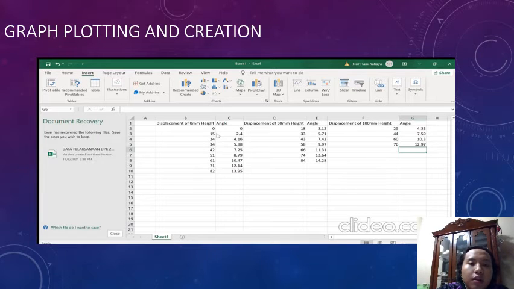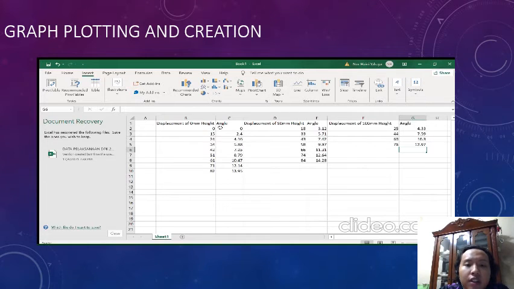Okay, before we play the video of graph plotting and creation, I'm sorry that I forgot to record how I made the table for the graph plotting and creation. I forgot to turn on the screen recording while I was doing this table. After we fill in the table, we select the data.